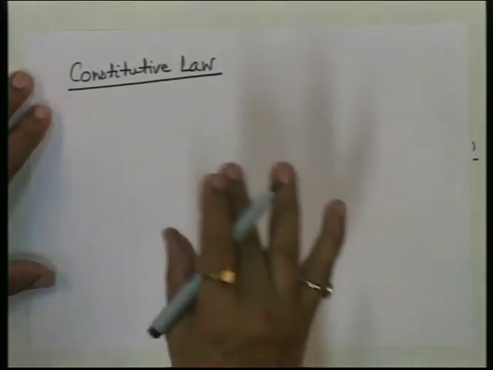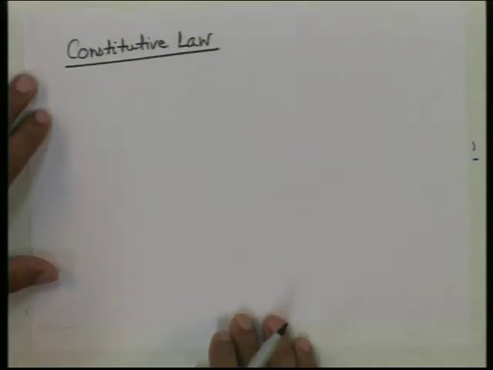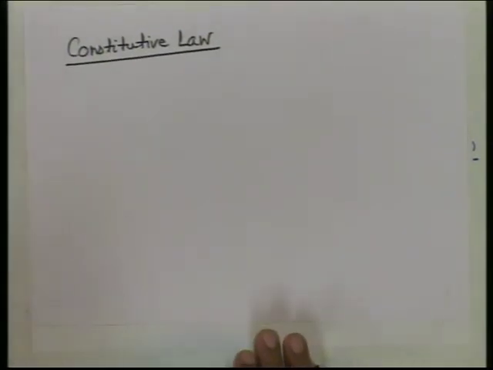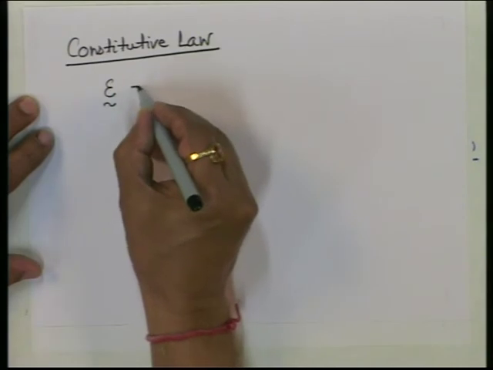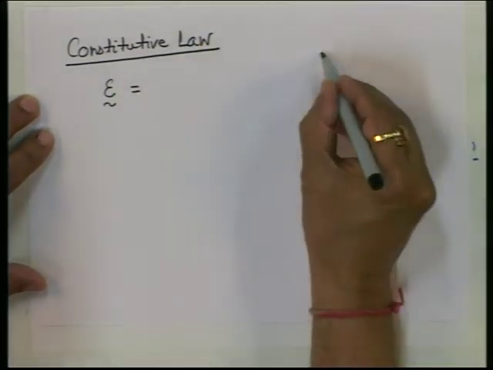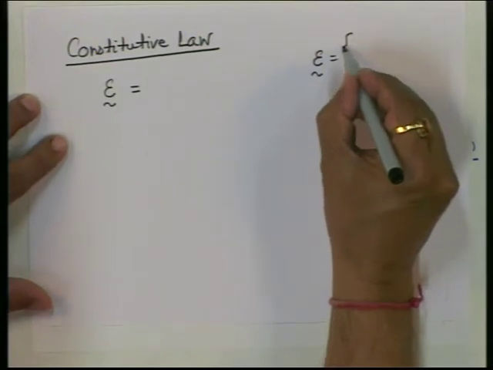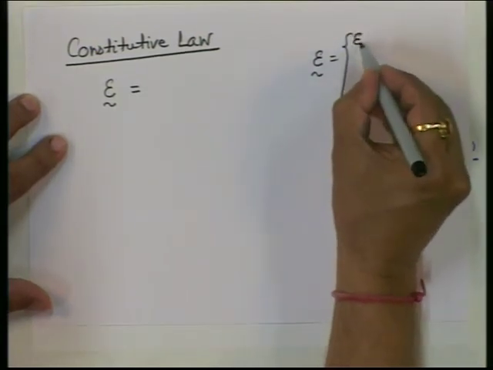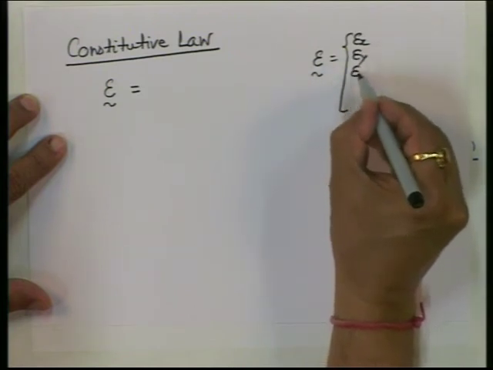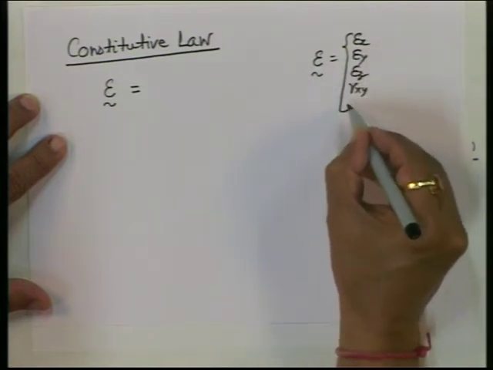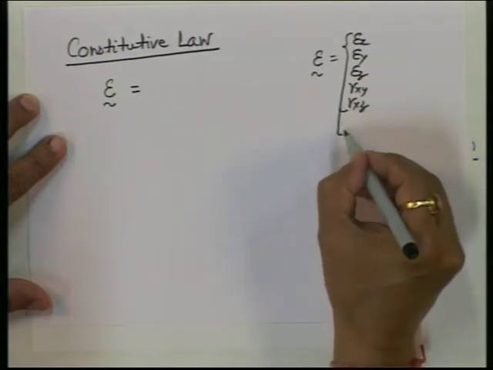Of course, I do not want to go into the details of the derivation of stress to strain. Please read it. I have already given it in the other course also. So, in general, at any point you have 6 components of stress and 6 components of strain. So, you have an E matrix. So, strain in general is epsilon x, epsilon y, epsilon z, gamma xy, gamma xz and gamma yz.